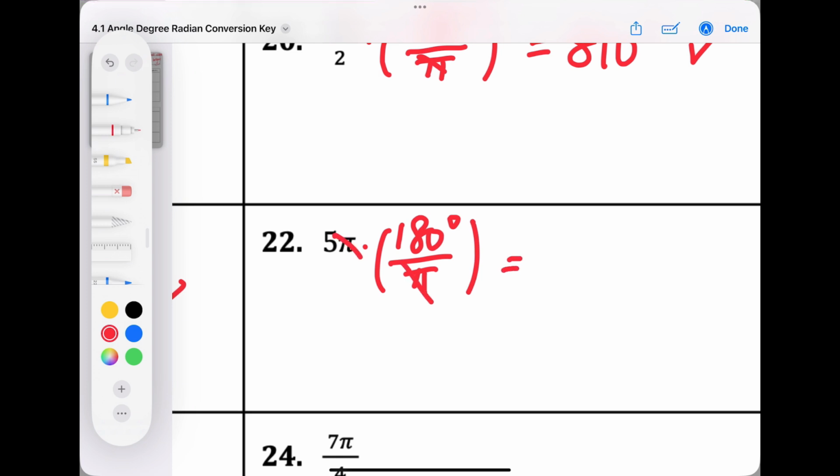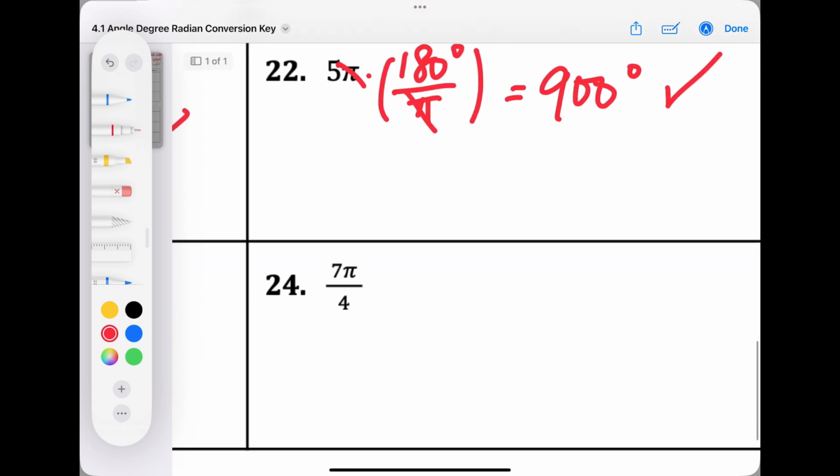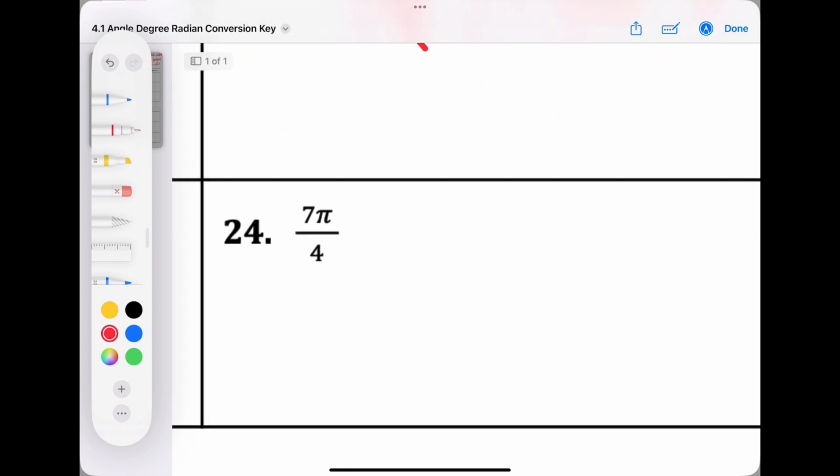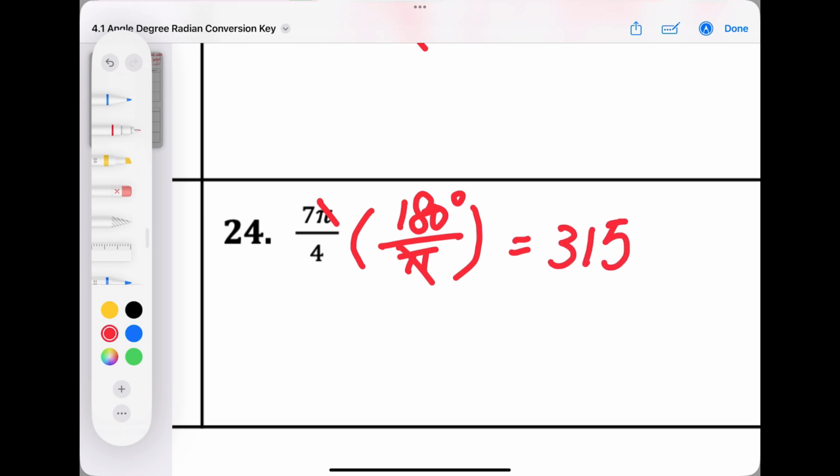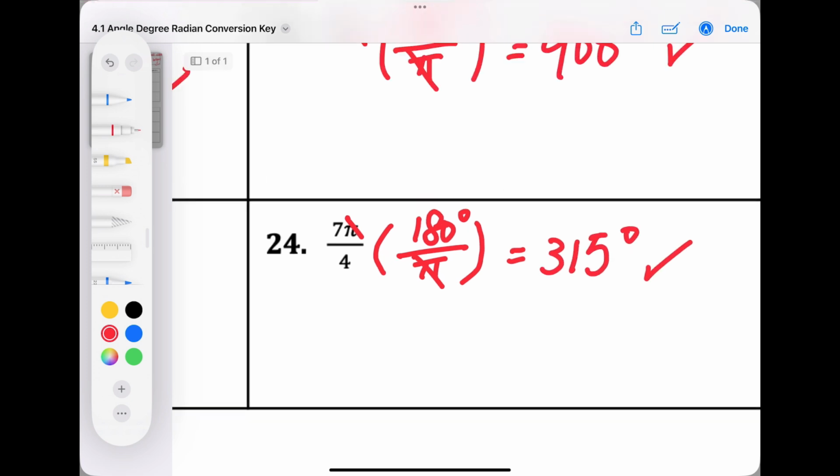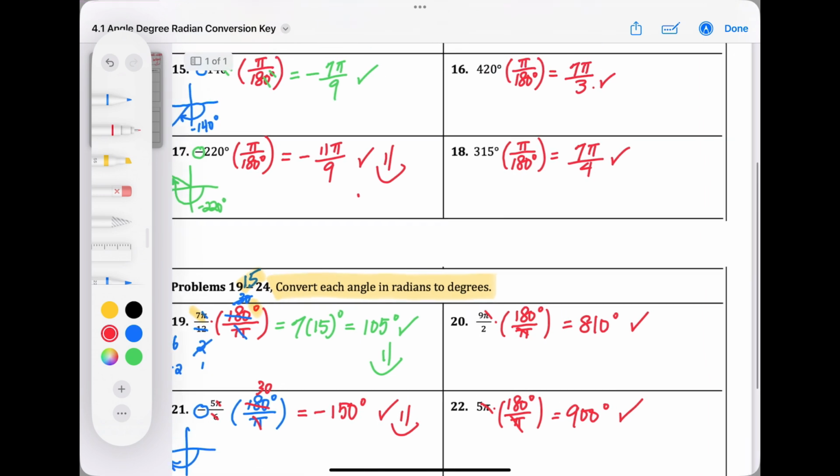And yes, it will be a big number, so what? 900 degree, perfect. All right, last one. I don't want to see pi, so times 180 degree over pi. Seeing is believing. So now once you do the housekeeping, yes indeed, we get 315 degree. And this is it. What you see is what you got.